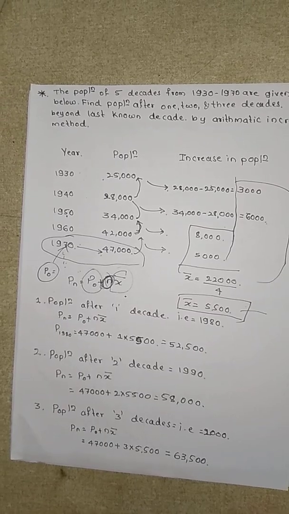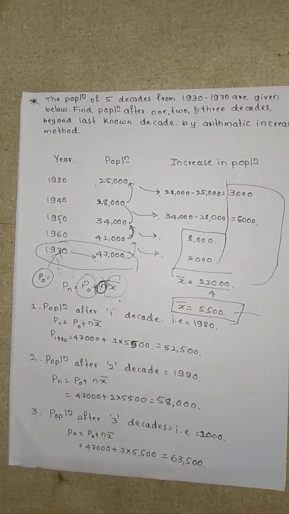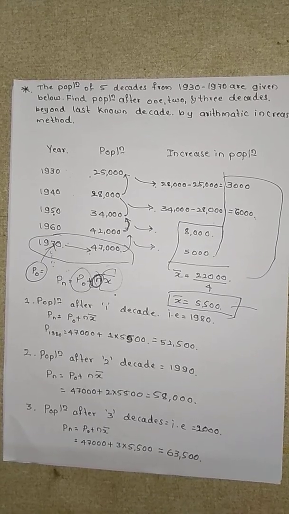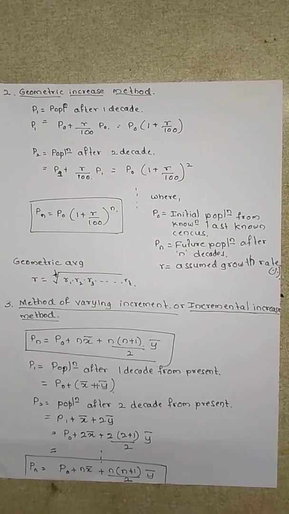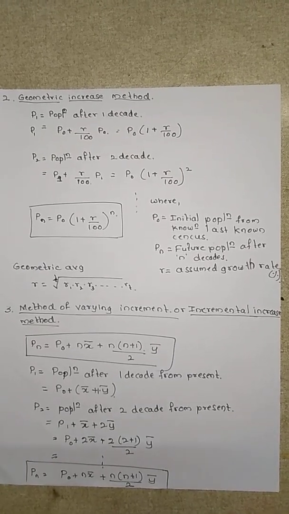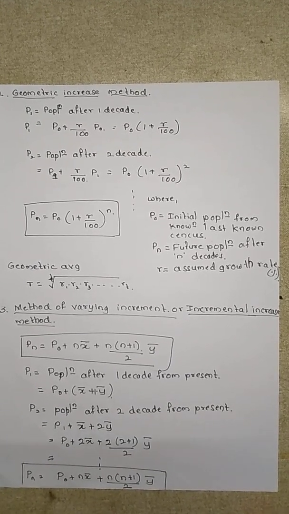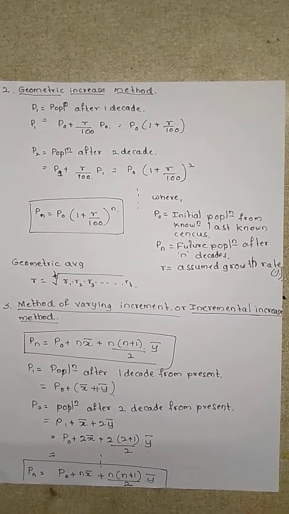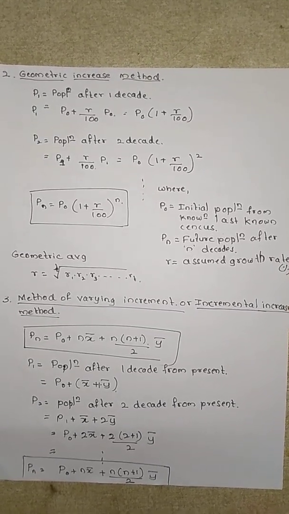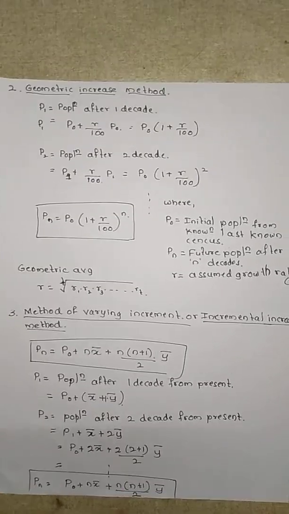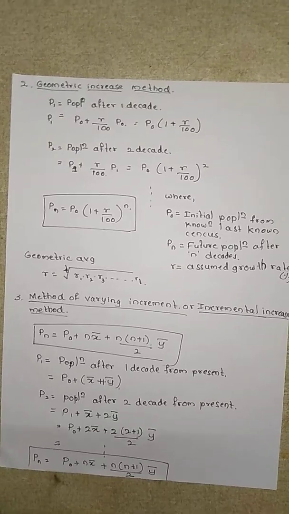Okay, so we will see the next problem, that is the geometric increase method. Now the second method is the geometric increase method. In this method, the per decade percentage increase or the percentage growth is assumed to be constant, and it is compounded over the existing population every decade.